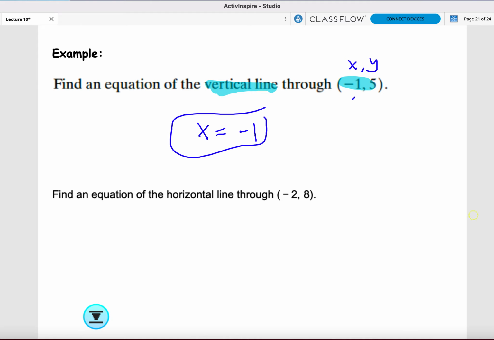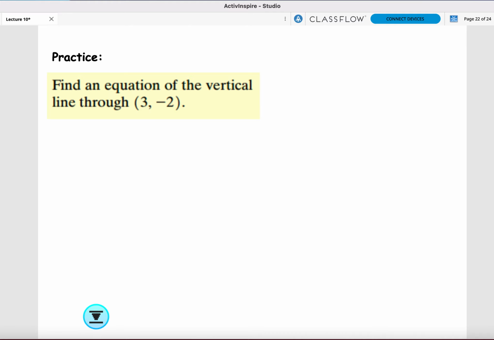So whatever this x value is, that's what your vertical line is going to be, okay? Now, a horizontal line is through this one. We're going to look at the y value, right? Because it's y equals a number, so it'll be y equals 8. So find an equation of the vertical line through this one. Remember, the x value is the same.